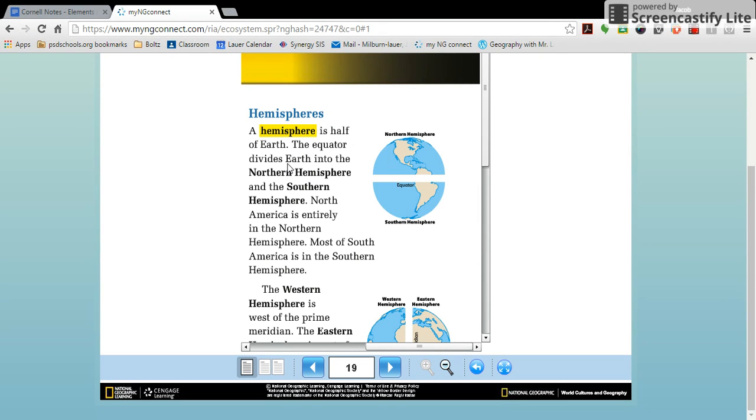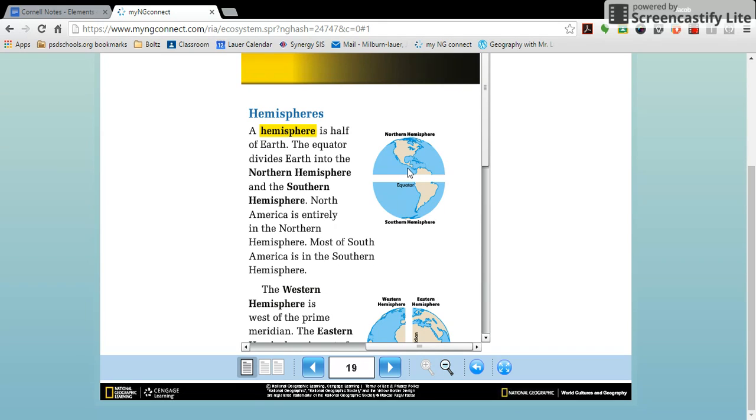The equator divides Earth into the northern hemisphere and the southern hemisphere. North America is entirely in the northern hemisphere. Most of South America is in the southern hemisphere.